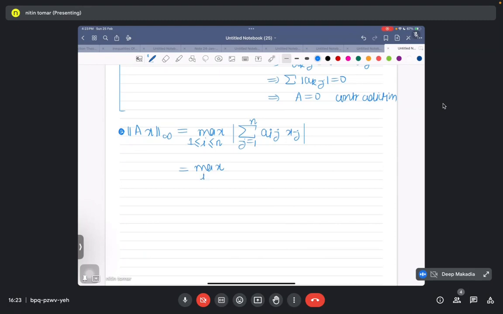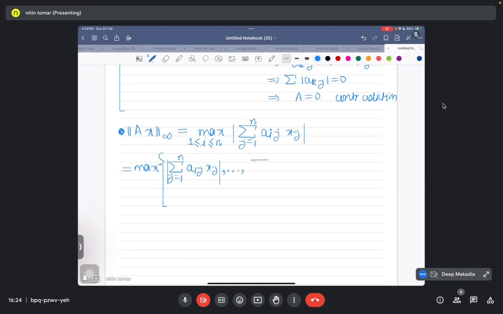Okay, when i is k, so first entry will be like summation. We are running maximum over i, so we are actually running maximum of some finitely many things, right? So first thing will be mod a1j xj, correct? This mod. Yes.